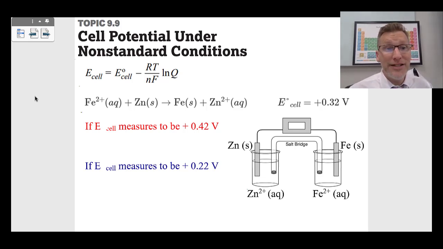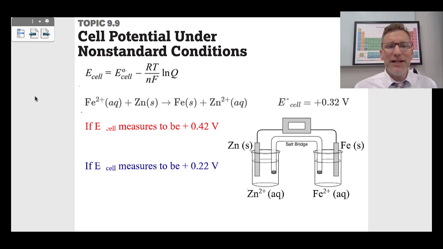This is when we're in non-standard conditions. This uses an equation called the Nernst equation. You can see the E, the standard cell potential, the E with that little degree symbol, is positive 0.32 volts. That's what it should be if you had 1 molar of zinc ions and 1 molar of iron ions in your little electrolytic cell.